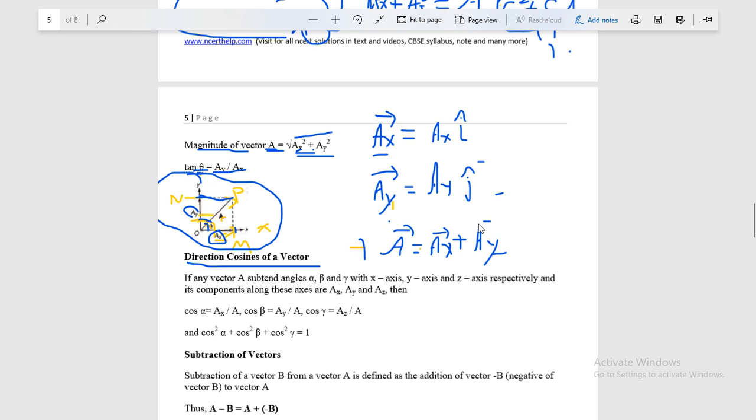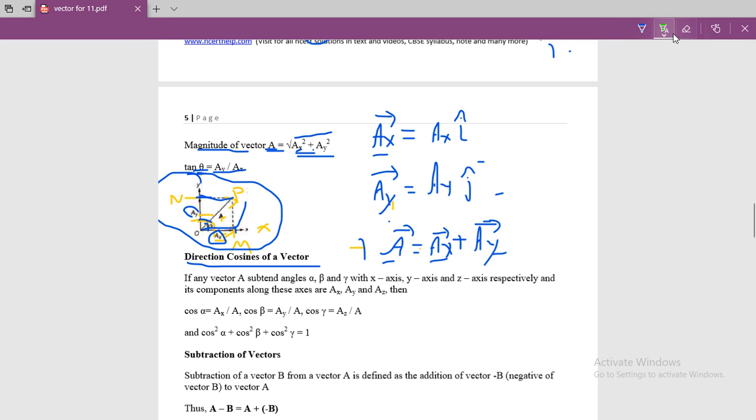Either you use the triangle law or the parallelogram law, from both laws you will get vector a is equal to ax vector plus ay vector. Let me erase so you can understand better.